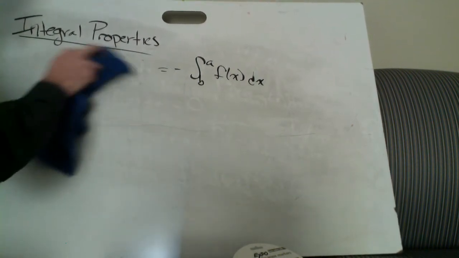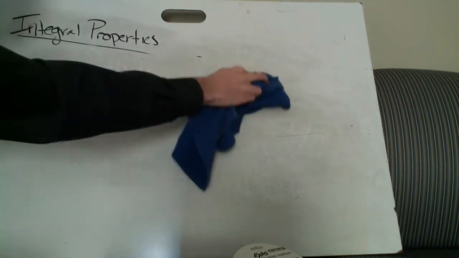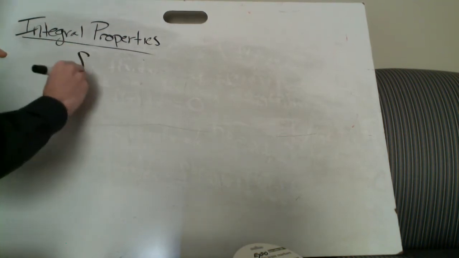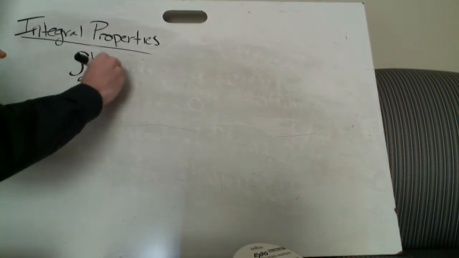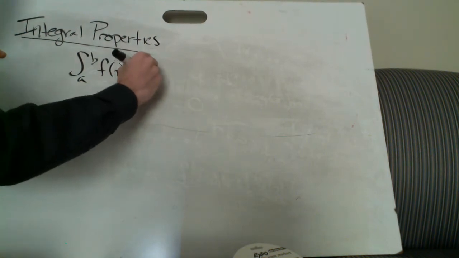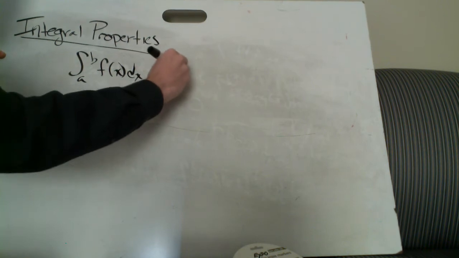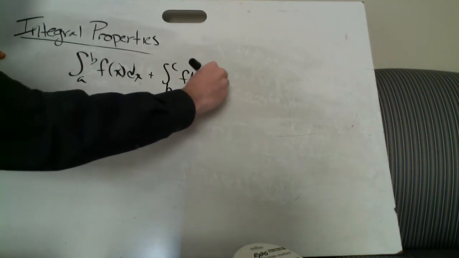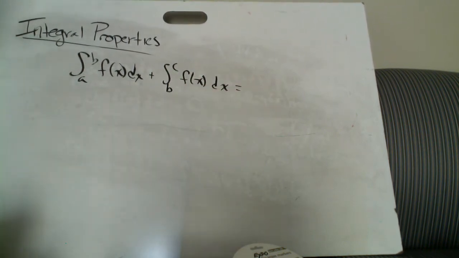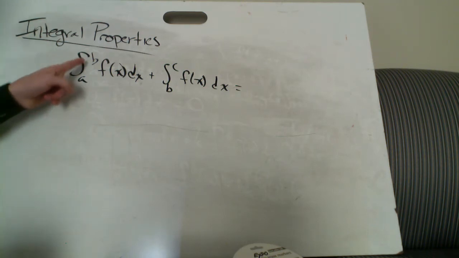The next 3 properties are still intuitive, but perhaps slightly less so. If we have the integral from a to b of f, and we're adding it to the integral from b to c of f, well, here we're finding the area from a to b and we're stopping at b.